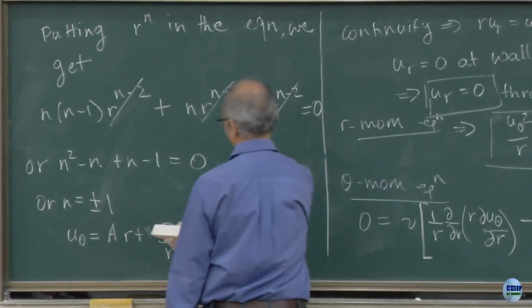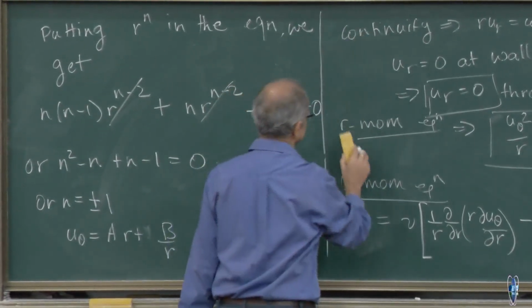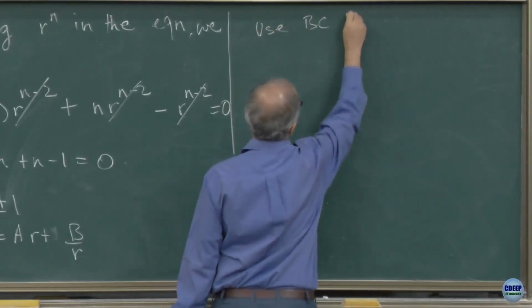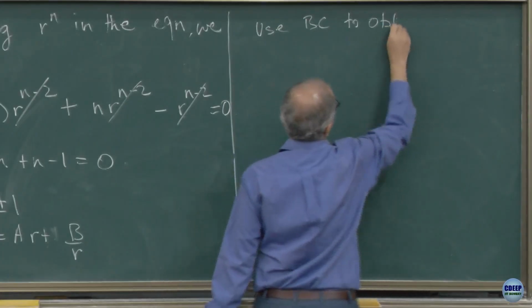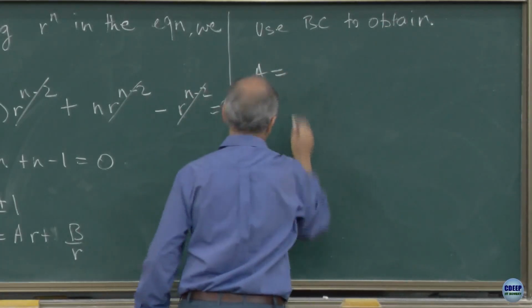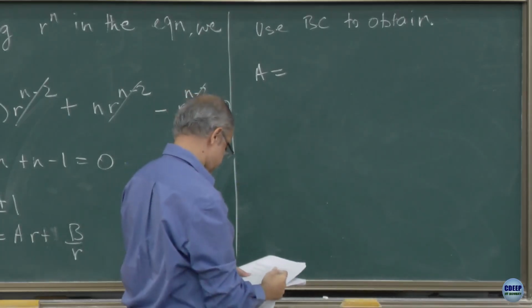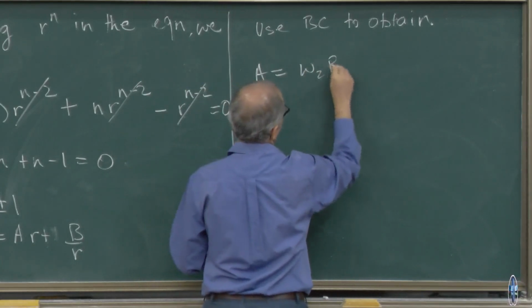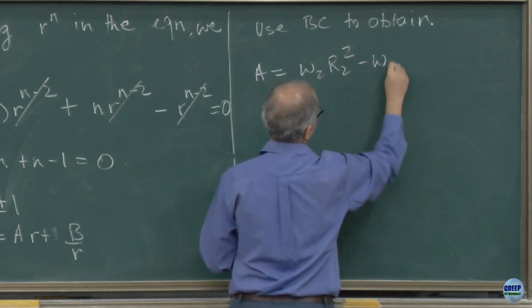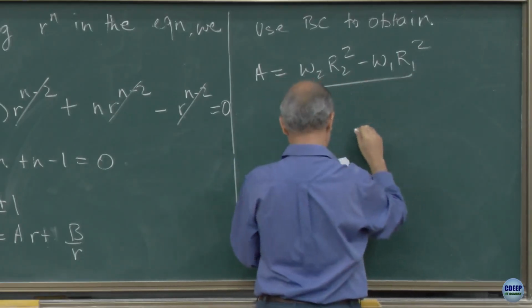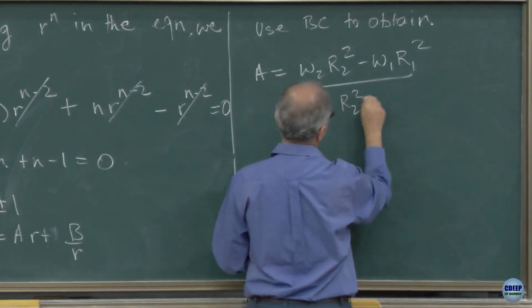So I can now solve for A and B using the two boundary conditions. Use boundary conditions to obtain A as (omega 2 r2² - omega 1 r1²) divided by (r2² - r1²).